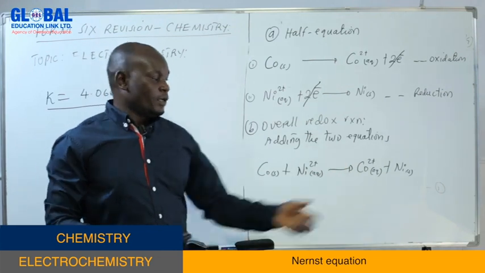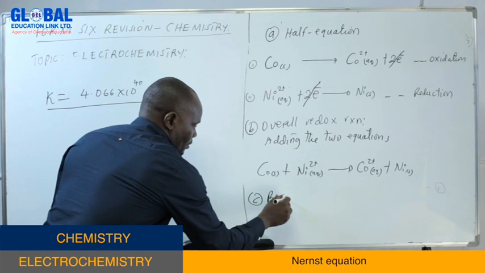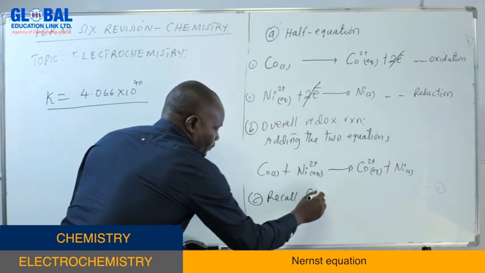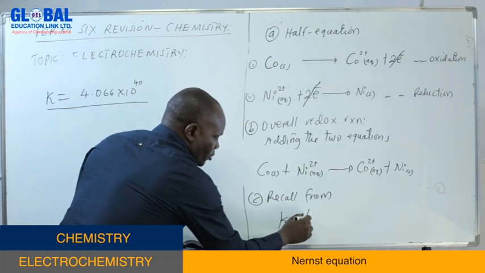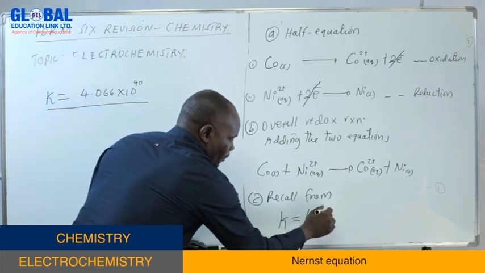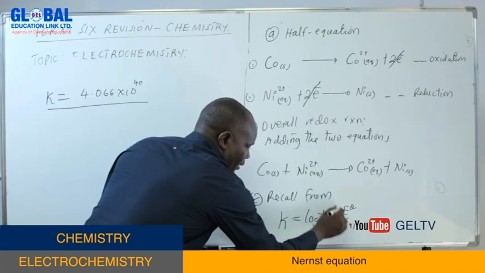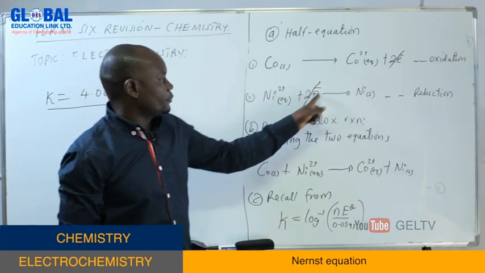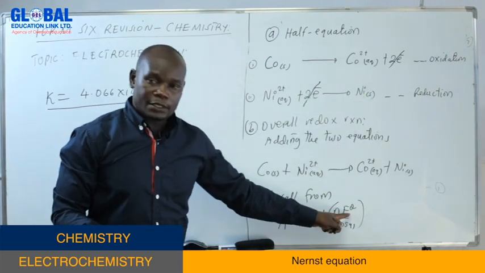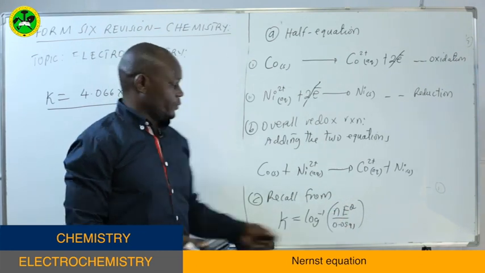This is simple. The equilibrium constant K is equal to the log inverse of nE standard over 0.0591. But n is equal to 2. And the E standard will be E cathode minus E anode.